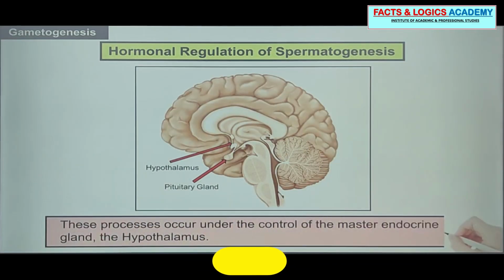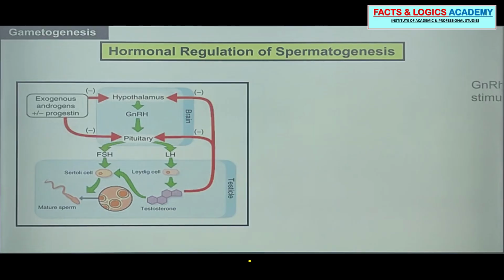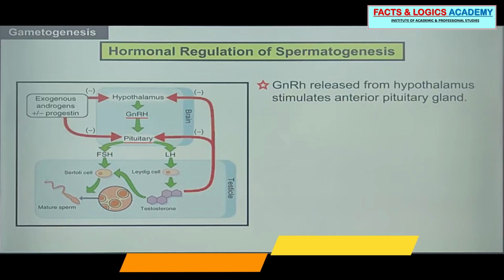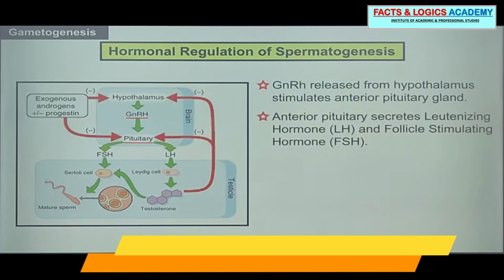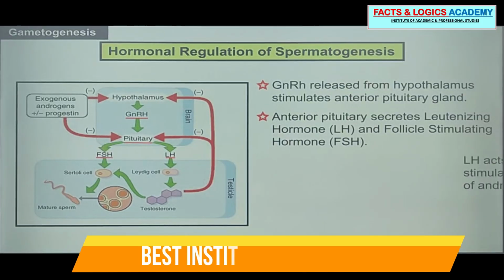These processes occur under the control of the master endocrine gland, the hypothalamus. At the onset of puberty, the secretion of the gonadotrophin-releasing hormone, GnRH, increases significantly, which stimulates the anterior pituitary gland for the secretion of 2 gonadotrophins, the luteinizing hormone LH and the follicle-stimulating hormone, the FSH.